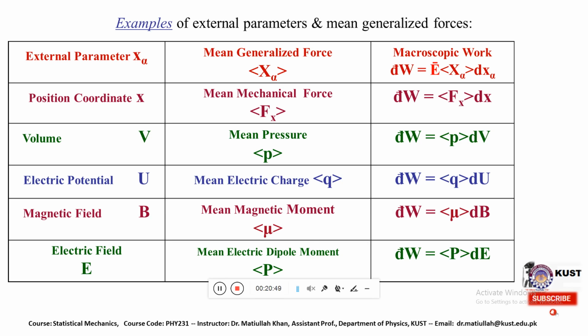The magnitude of macroscopic work done can be calculated by dw is equal to f average dx, and similarly p average dx and q average dx. For any particular system we have different notation and different variables involved. So this is something about the interaction between macroscopic systems.